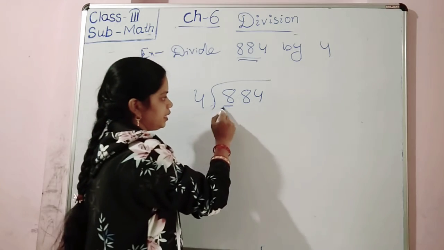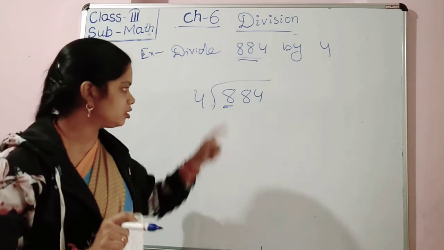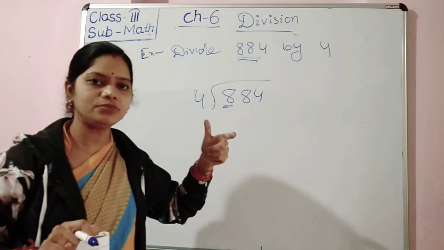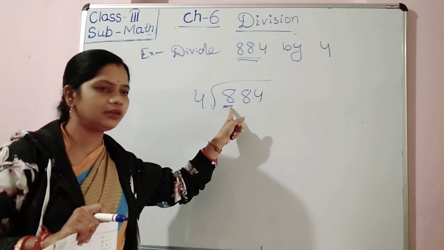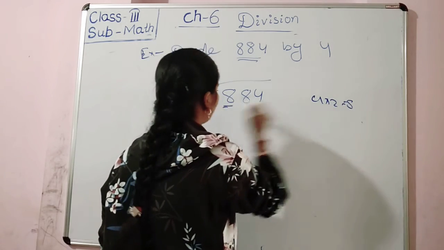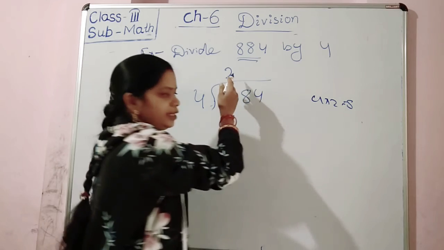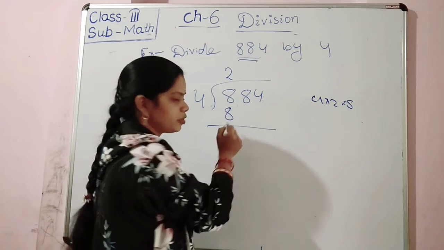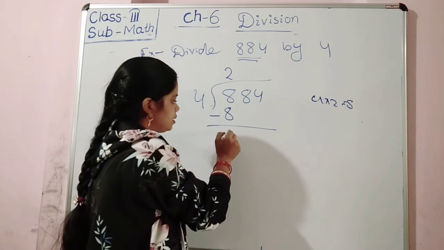Here the hundreds place is 8. Read the multiplication table of 4. How many times is 4 going into 8? 2 times. 4 2s are 8. Here write 2 in the quotient place. Then subtract: 8 minus 8 is 0.